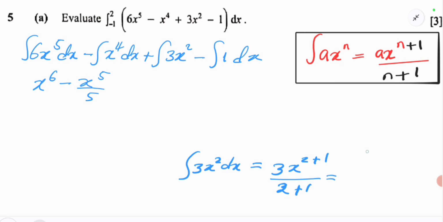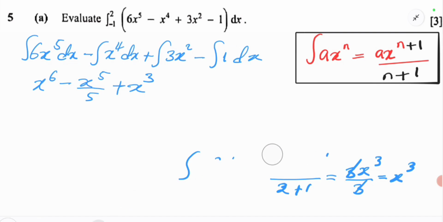So you have 3x to the power 3, since 2 plus 1 is 3, over the new denominator 2 plus 1, which is also 3. Clearly the 3 and the 3 will cancel, meaning that you remain with x to the power 3. So if we integrate this part separately, it is going to give us a positive x to the power 3.